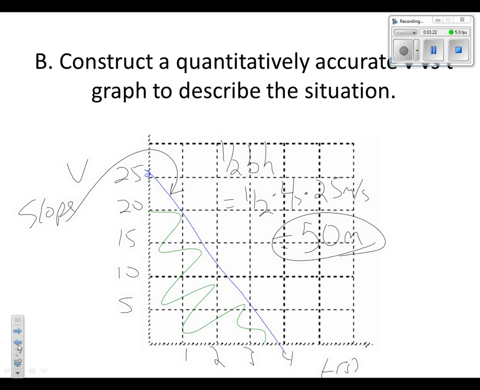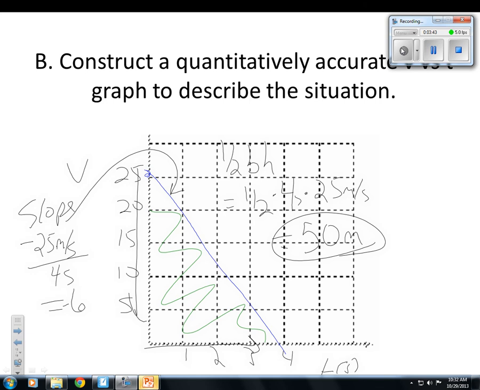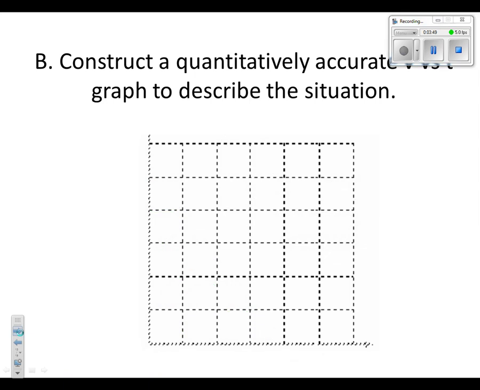It is going down, so it's negative 25 meters per second in 4 seconds, and that gets me negative 6.25 meters per second squared. That's how we can use our graph to solve these problems.